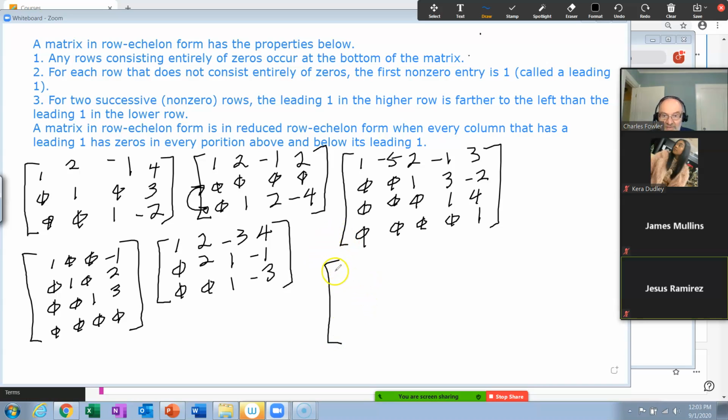F is 0, 1, 0, 5. 0, 0, 1, 3. And 0, 0, 0, 0.